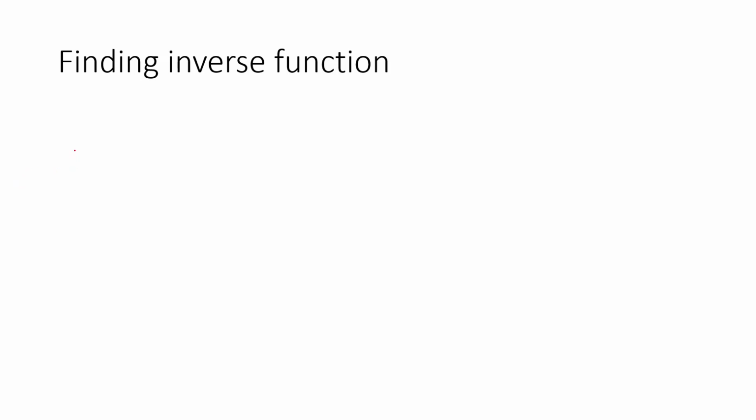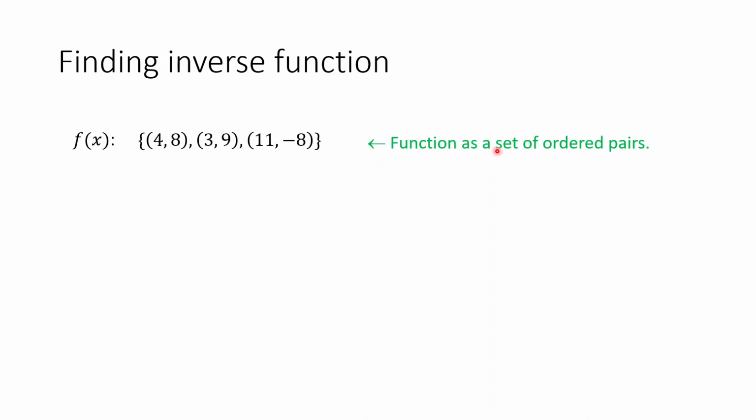Next, finding the inverse function. Here I have a function f of x. This function is given as a set of ordered pairs. These are ordered pairs. That means this is x, this is y, this is x, y, x, y. You need to find the inverse of this function.